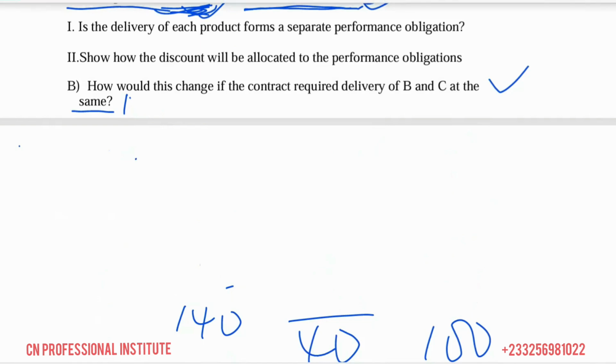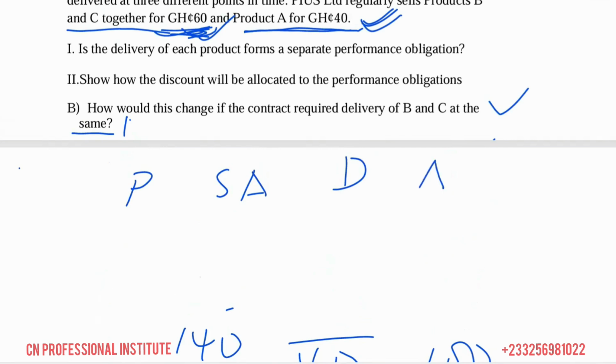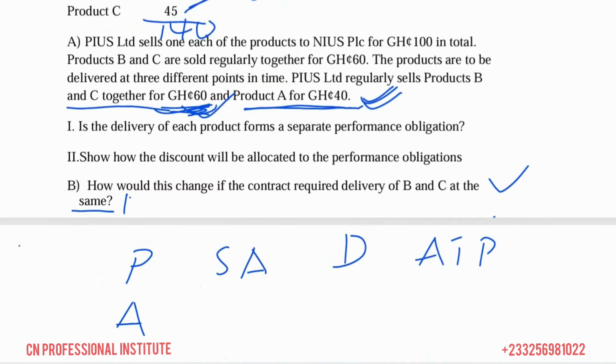So we are going to have the product, standalone selling price, the discount, and then the allocated transaction price. The performance obligations: A will be alone because A is delivered at different points in time.